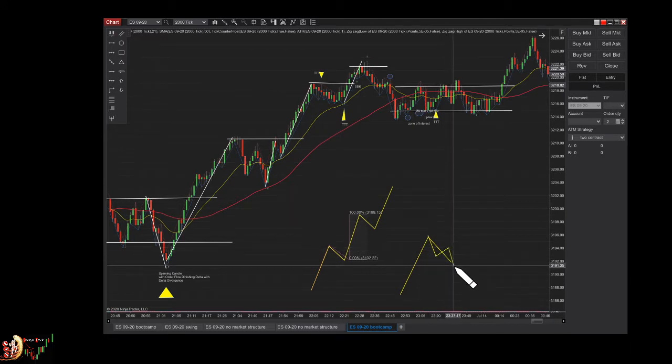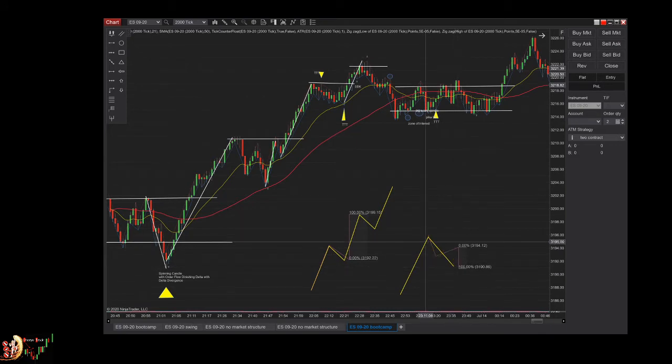It's an ABC, and if the ABC is doing a measured move or a Fib one-to-one extension, meaning that the size of this leg is equal to the size of this leg.